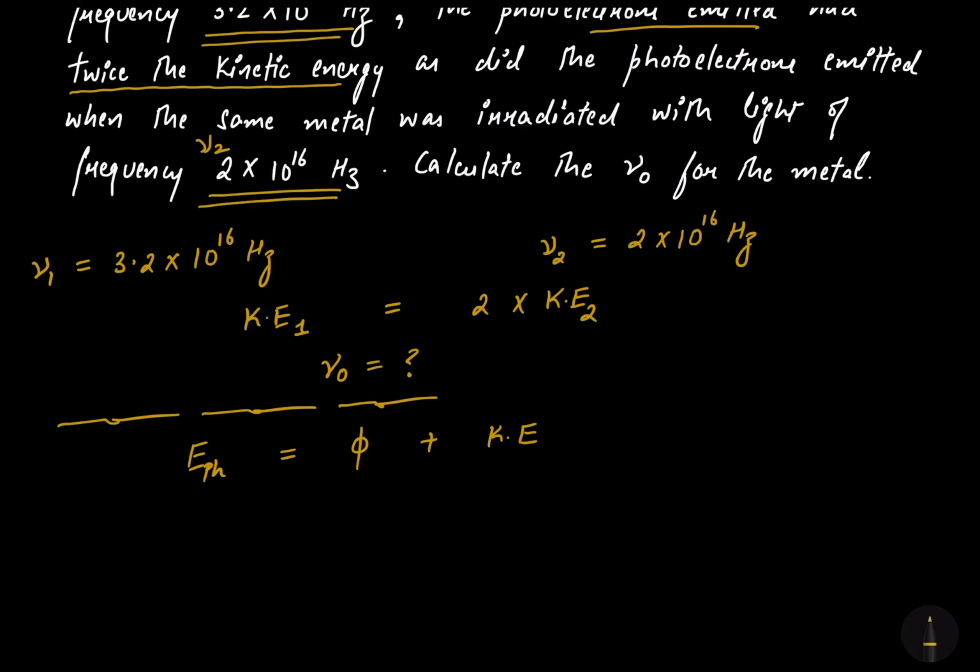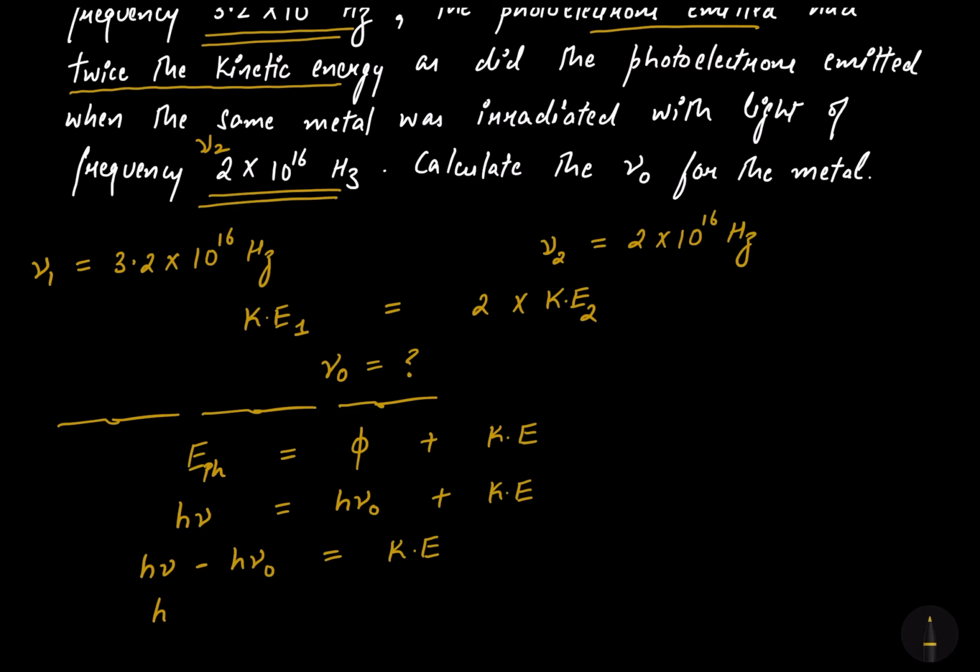Energy of photon is h nu. The threshold energy or the work function will be h nu naught. So it comes out to be h nu naught plus kinetic energy. Now h nu minus h nu naught will be equal to the kinetic energy.